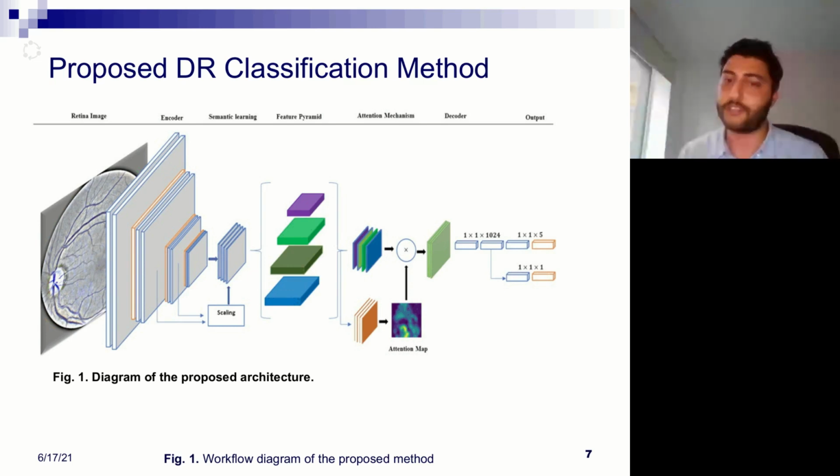We have 5 classes, from 0 to 4, which I will come to shortly. But we have also trained the model to discriminate between healthy and unhealthy images as an auxiliary task, to help make the final decision out of the 5 classes. I think that's pretty much what I wanted to say about the architecture.